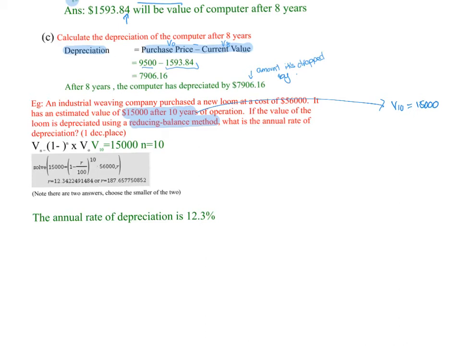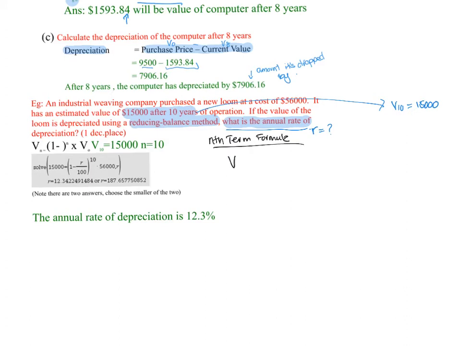Now the question here is what is the annual interest rate of depreciation? So they really want little r. So you can see here I've gone to my formula sheet and found the nth term formula, so I'll write that out.